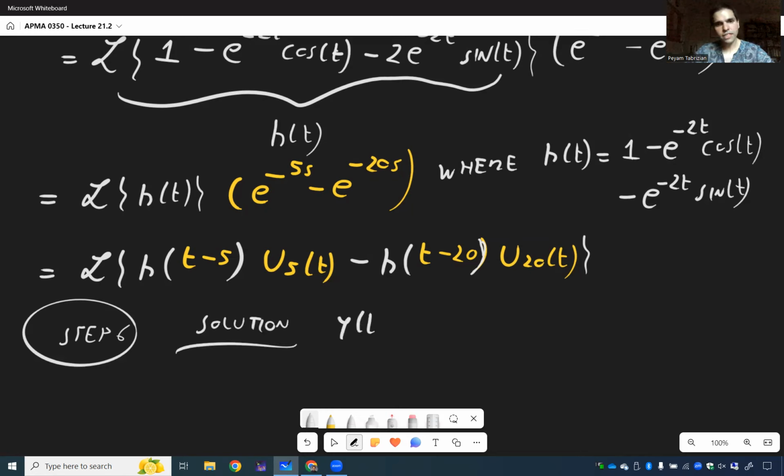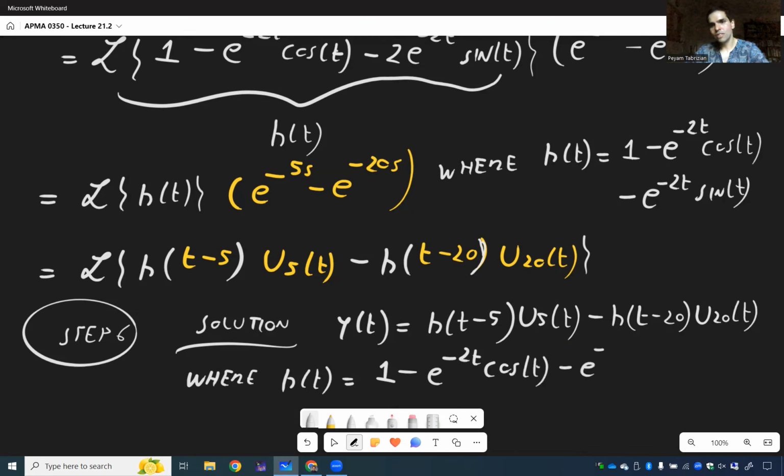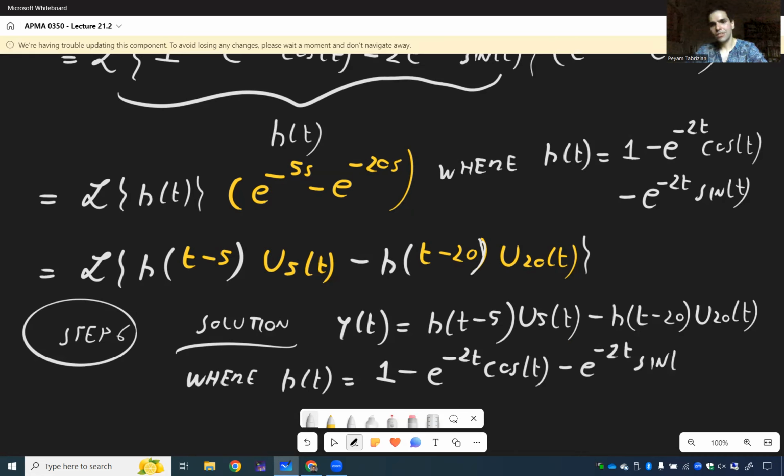So y of t is h of t minus 5, u5 of t, minus h of t minus 20, u20 of t, and again, where h of t is 1 minus e to the minus 2t cosine t minus e to the minus 2t sine of t.